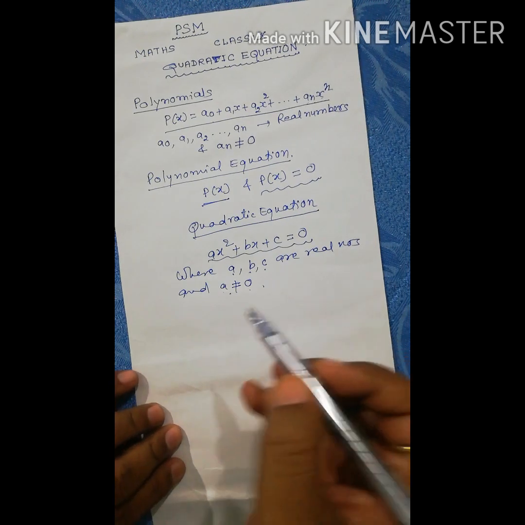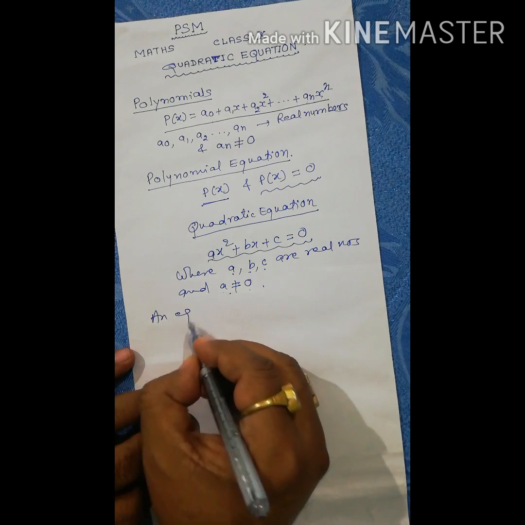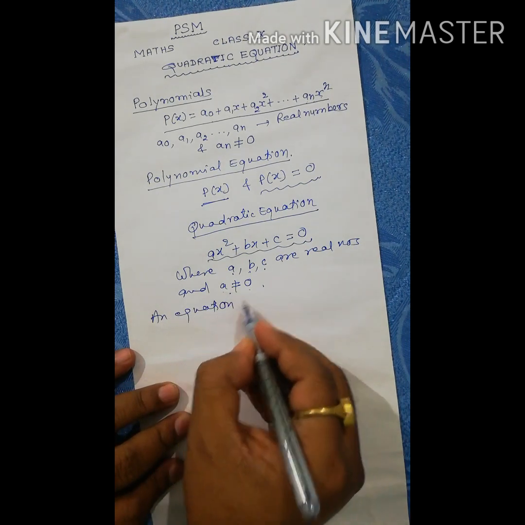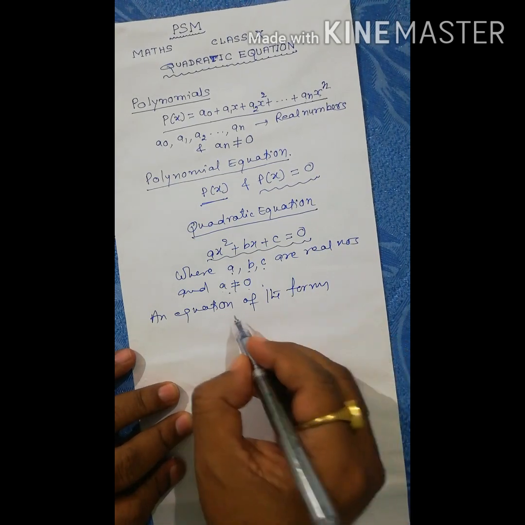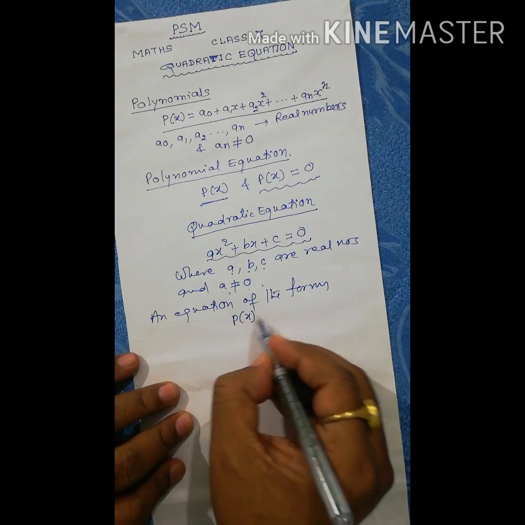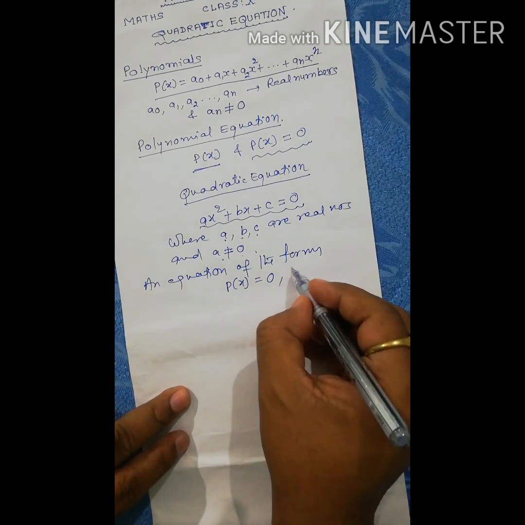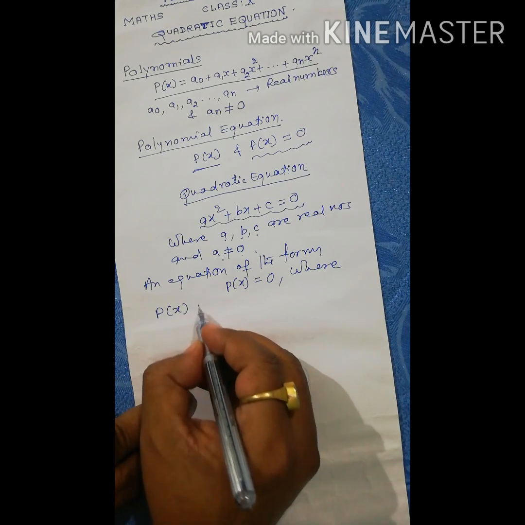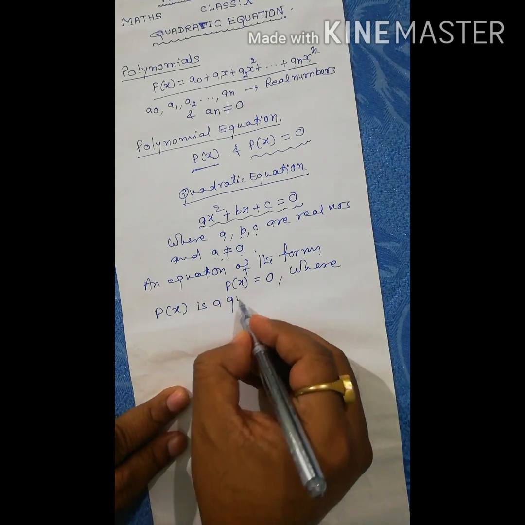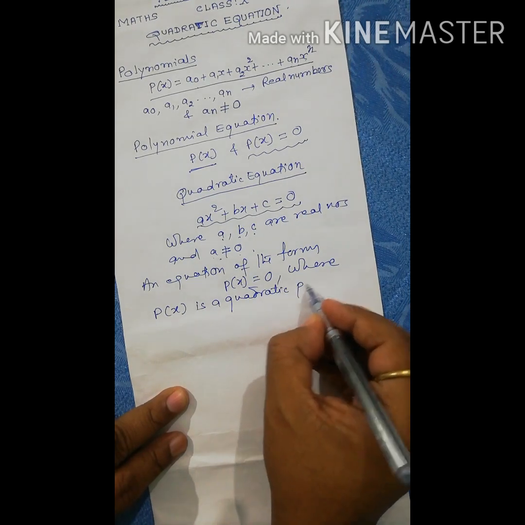An equation can also be expressed as an equation of the form p(x) = 0, where p(x) is a quadratic polynomial.